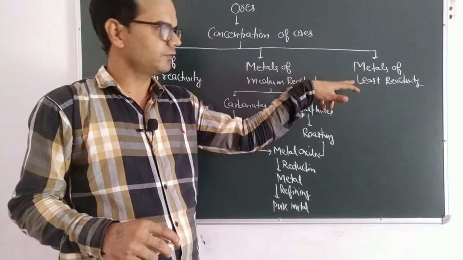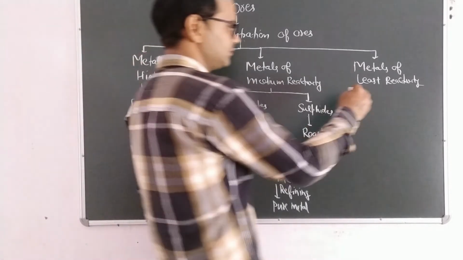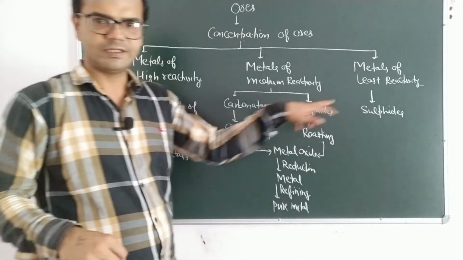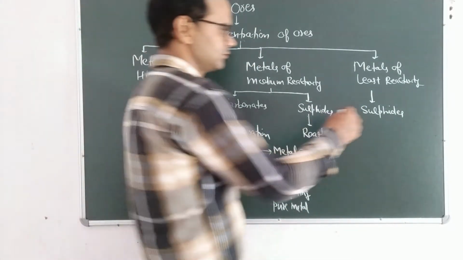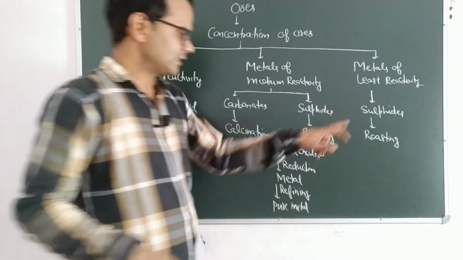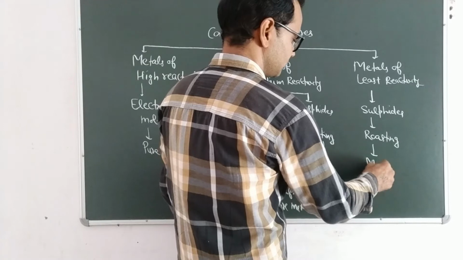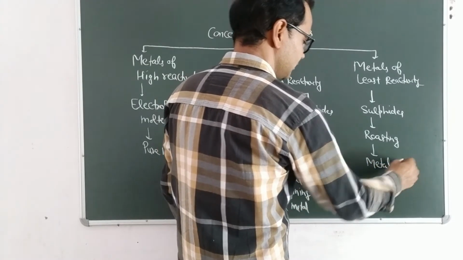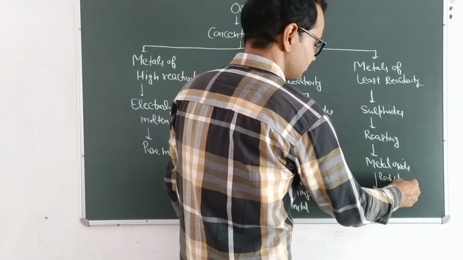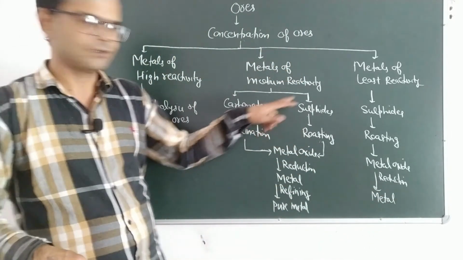And last we have metals of least reactivity. Least reactive metals are found in the form of sulfides. So for sulfides, we will use roasting. The rest of the process is similar to that for sulfides: metal oxide, then reduction.